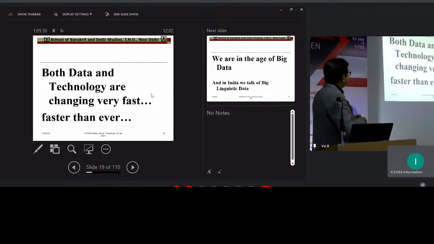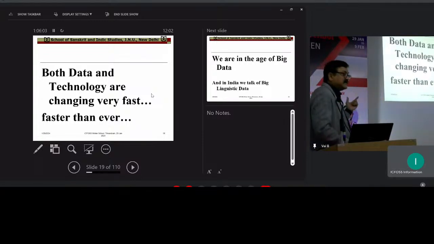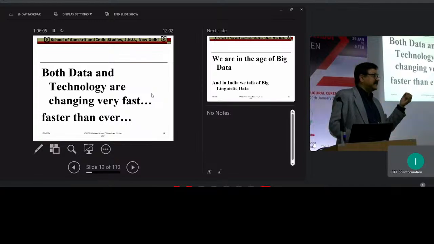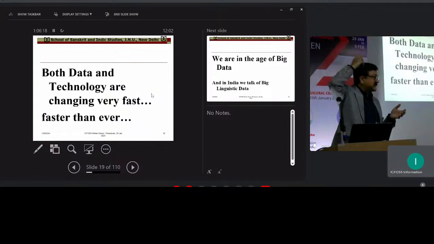Because both data and technology are changing very, very fast, faster than ever. I could give you an example: in 1997, AI was Prolog with Lisp. Today AI is Python and machine learning. And there was hardly any data on Indian languages on the internet in the 90s. Now there's tons of data in the languages. There are fascinating improvements in hardware, from CPU to GPU and beyond.